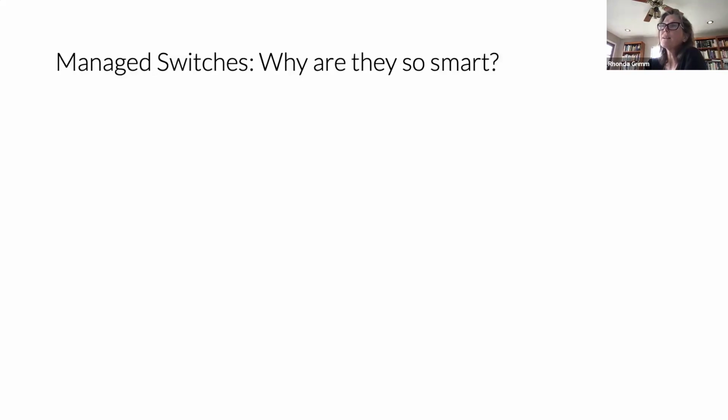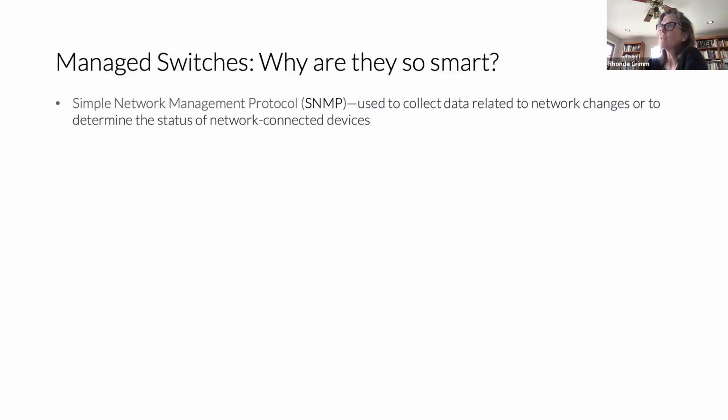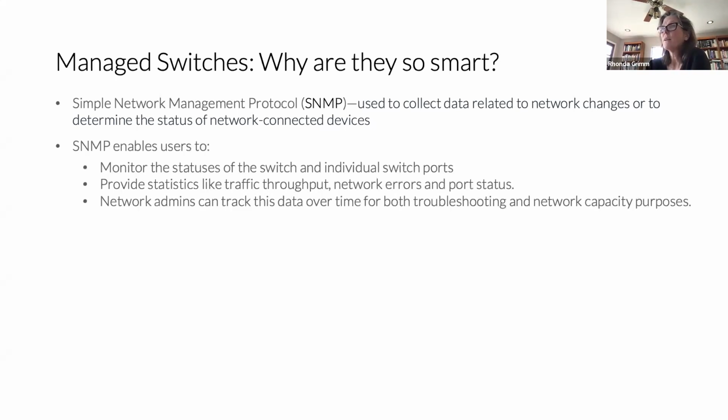But the main thing is, why are they so smart? They use the SNMP protocol, yet another protocol, and that protocol collects data about the network. It collects data for the devices. It determines the status of all of them. They can manipulate the ports, monitor the devices on those ports. They can do all kinds of stuff.